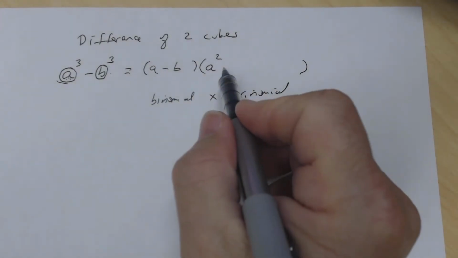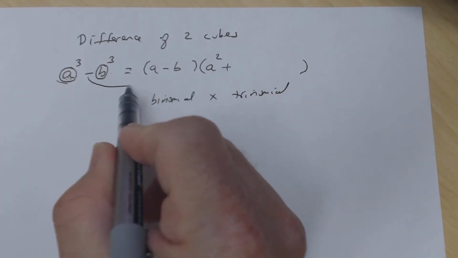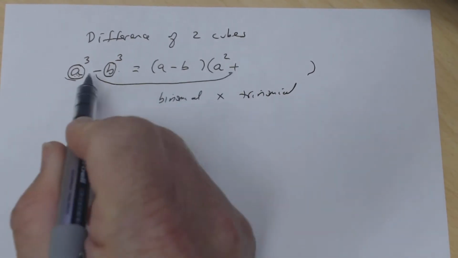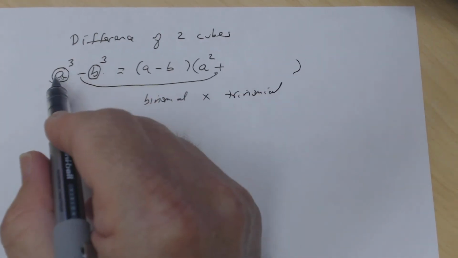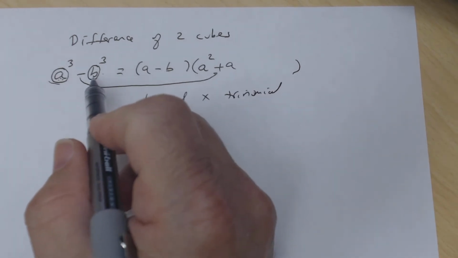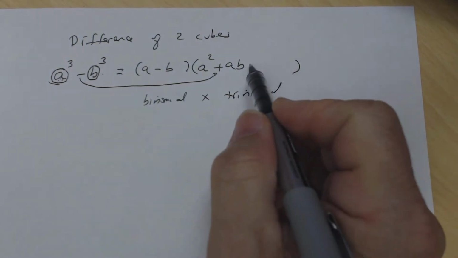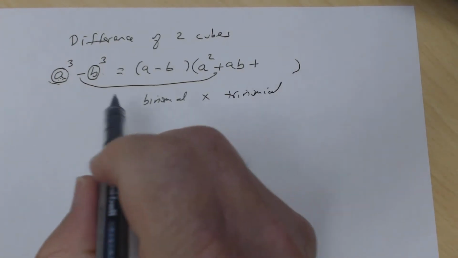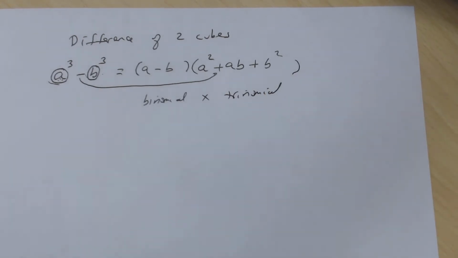And there will be a plus sign, because you're going to take the opposite of this sign right here. So it'll be plus. And you multiply the first base, a, by the second base, b. And then plus the second base squared.